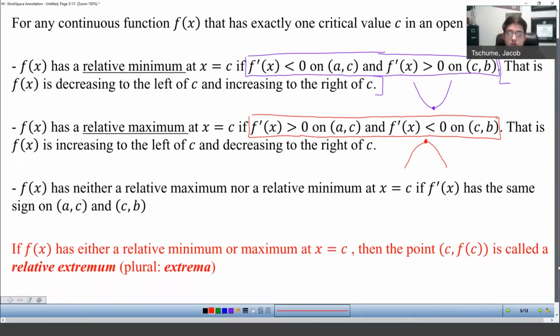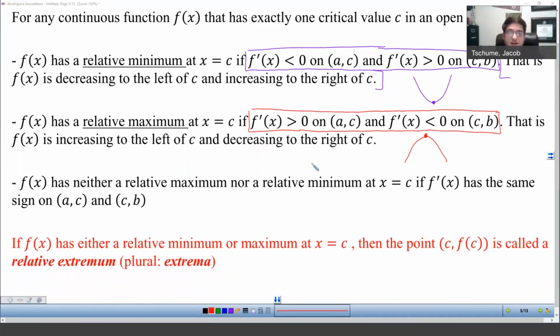Now, there is a chance that it doesn't alternate. If it goes increasing and then increases again, that's not anything. Same thing if it's decreasing, then decreasing. That's not anything. So you will not have a relative max or min at those particular points.